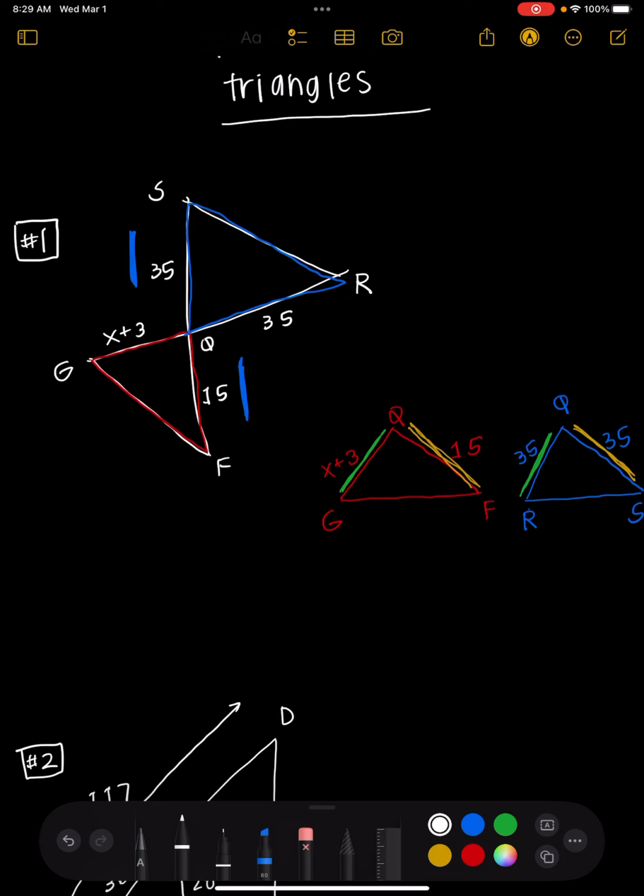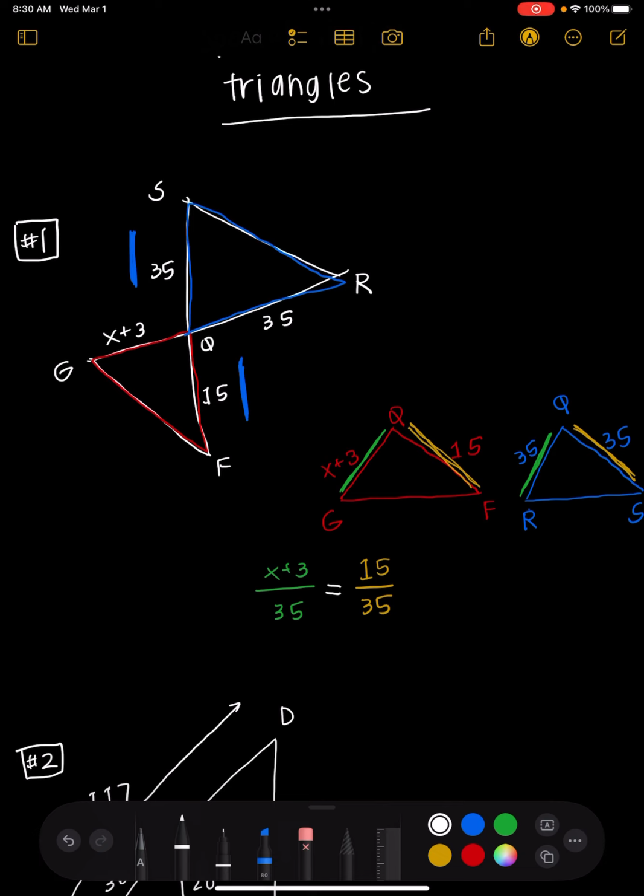Now I can set up my two fractions. My green fraction would be x plus 3 over 35, if I did the left triangle over the right triangle. And then my yellow fraction is going to be 15 over 35. Because they've told us that these are similar, we can set them equal to each other so that we can solve for x.